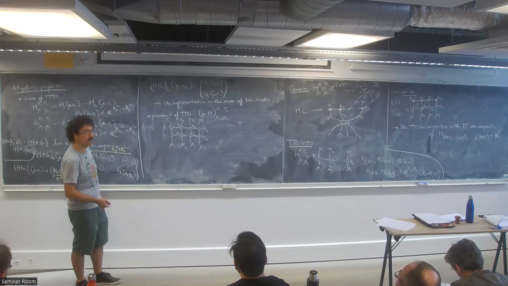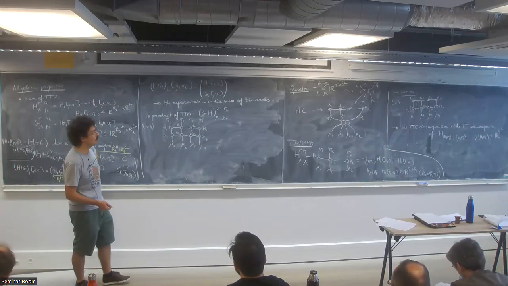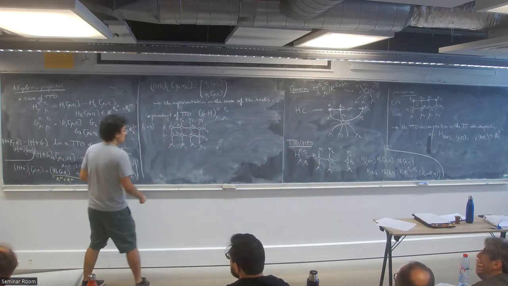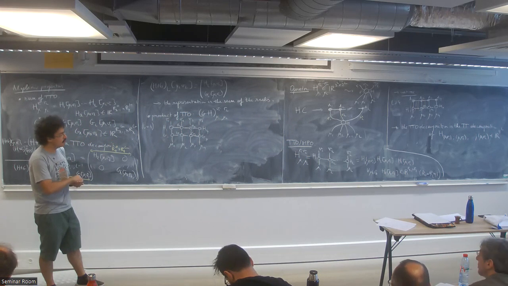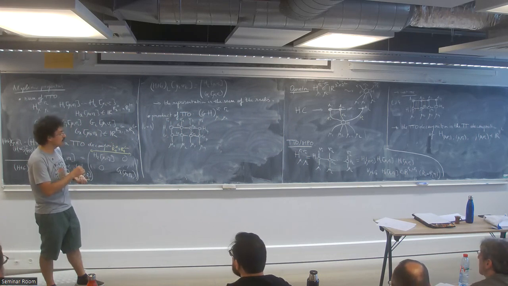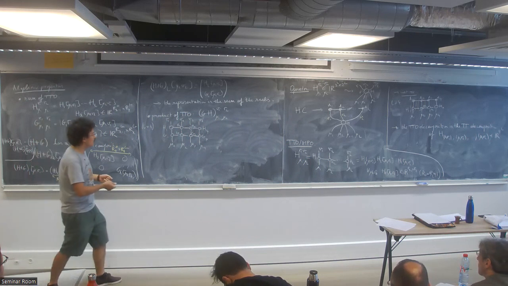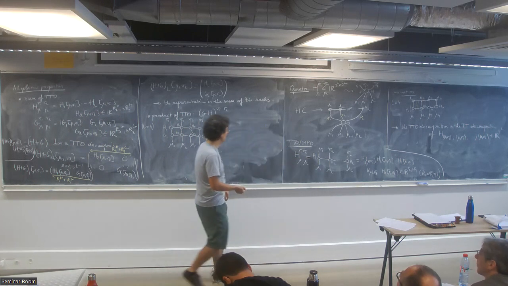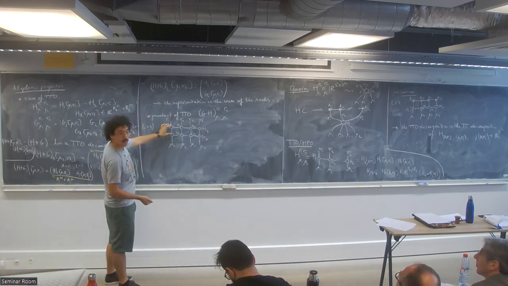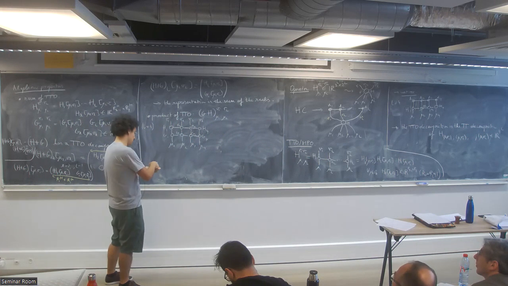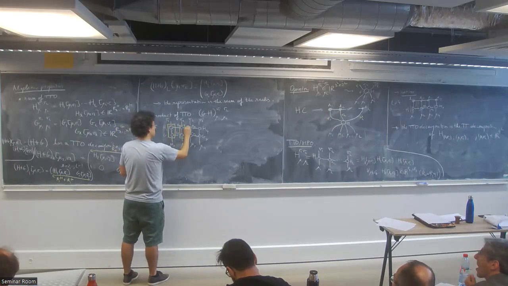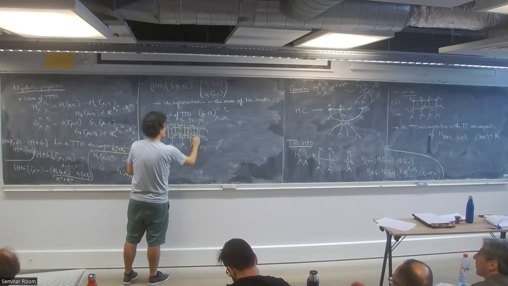And now I want to get from this representation the TTO representation, which looks like this. What you can see is that you would get something similar to this if you merge these two in the same tensor. So you would merge here, here, here, here.